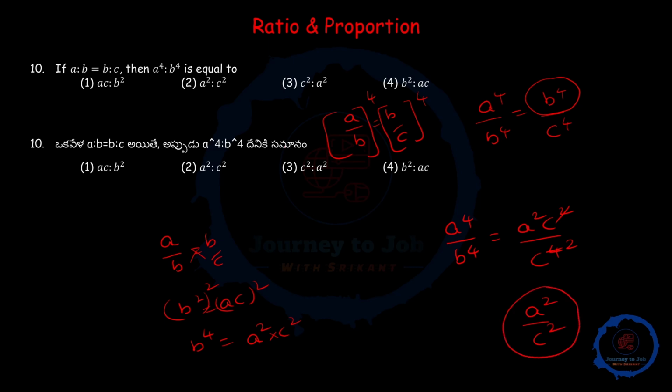Okay, so is a square by c square in the options? It is there. This is the answer. And you know how c square by c to the power 4 cancels here, right? This is c square, this is c square into c square. So c square gets cancelled. Below, one c square remains. I will explain all these later, okay.